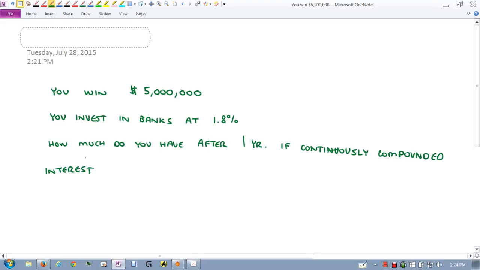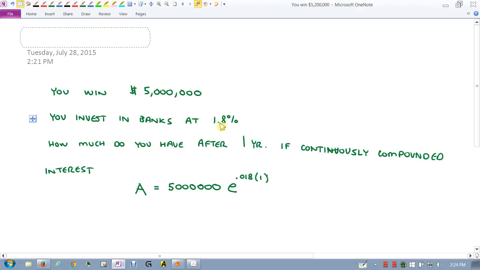All right? So what formula are we going to use? The PERT one, right? And so the amount that I should have should be equal to the amount that I'm putting in, my principal, 5 million, e to the r, 0.018, be careful there, times 1.